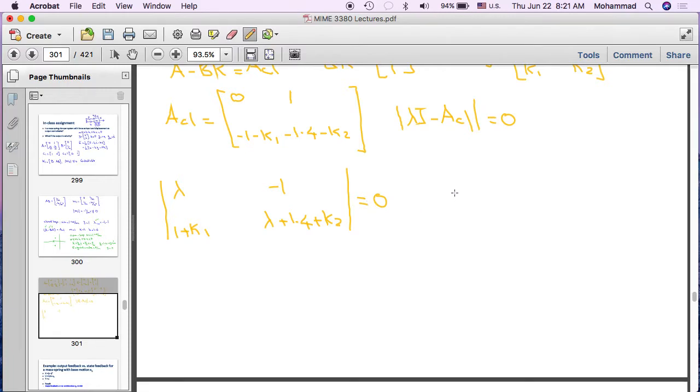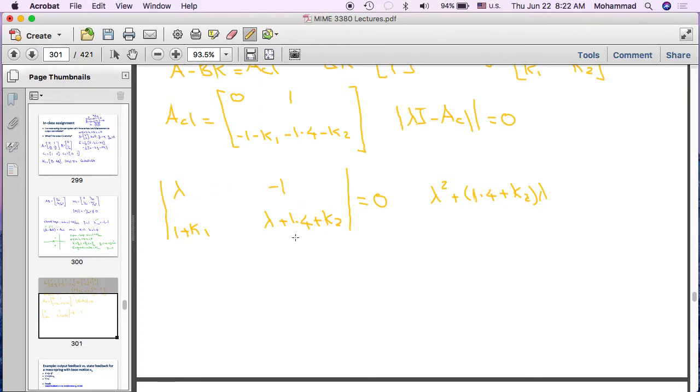So if you find the determinant, it becomes lambda squared plus 1.4 plus k2 times lambda plus 1.4 plus, no, you don't have that. Okay, I apologize.